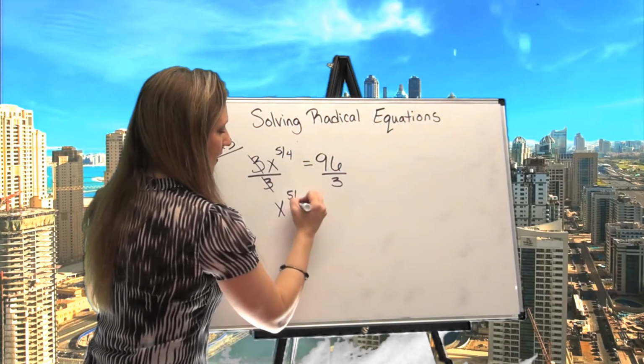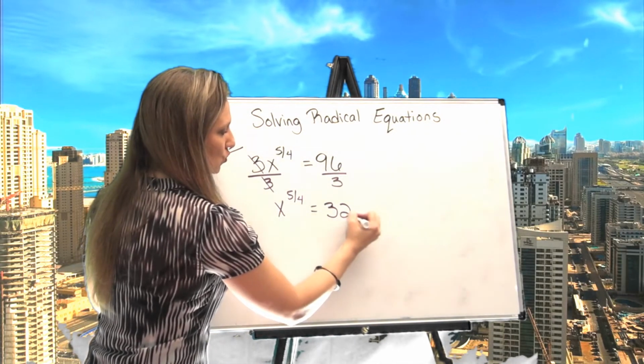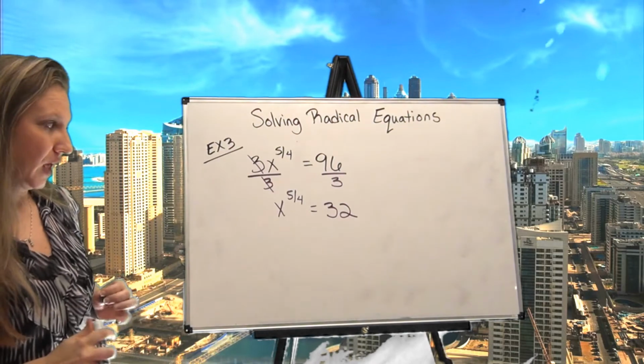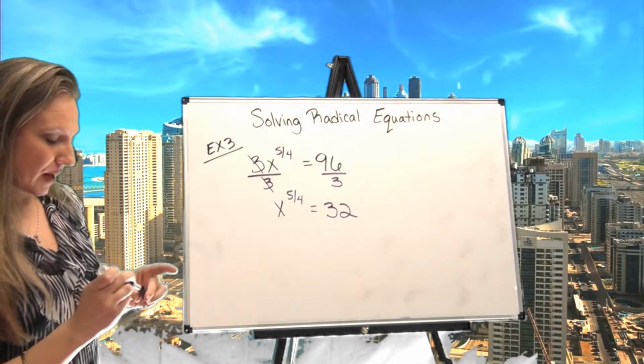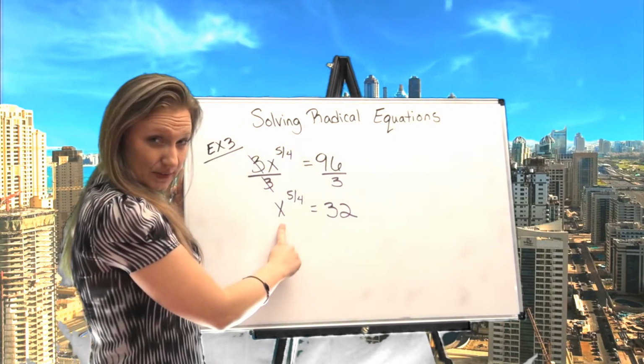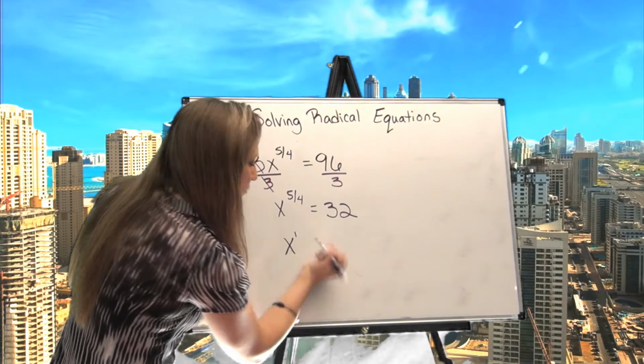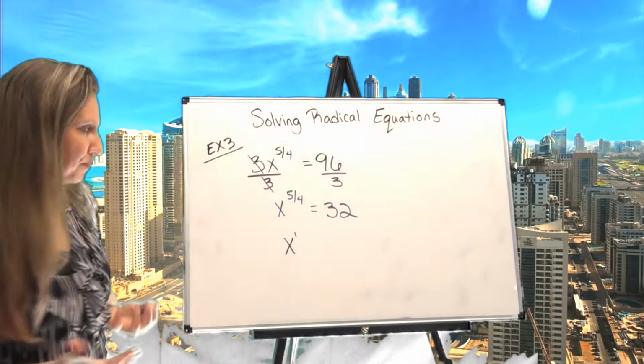So x to the 5/4, 3 goes into this 32 times. Now, here's what I want you to think about. I want to get rid of this 5/4 because I'm trying to solve for x. What I really want it to be is x to the first power, because that means just x, right?